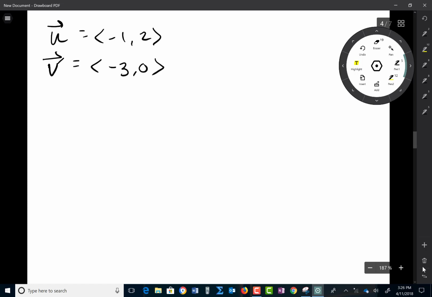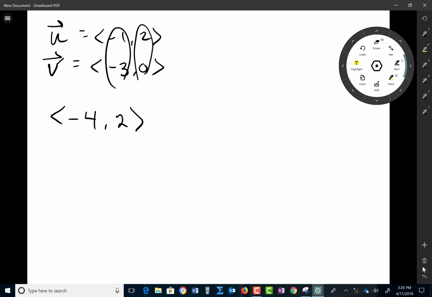And there were different kinds of answers that you could have, but when you add the vectors, you just add the numbers that are in the x and the y slots there. So I'm just adding these two and adding these two and getting the addition to be this. So that's the part where you get the addition.